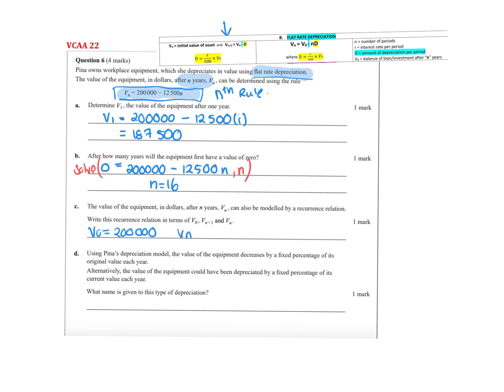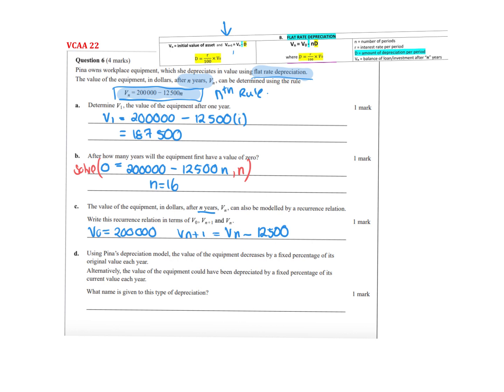And then you have to write the Vn plus 1 rule. And you can see up here, I write Vn minus, and I have to work out D. D's highlighted, that means I need to know. But how much does it depreciate? What does it want? In years? So how much is it dropping per year? You have to look up there. You can see it in your nth term formula. What's D? Yeah, 12,500. So there, you've written that out.